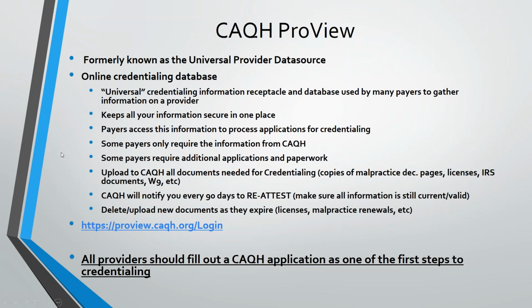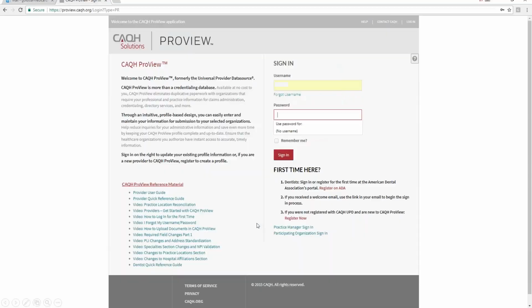Many times we'll take over credentialing for a provider and we find out that yes, they do have a CAQH profile, but it hasn't been updated in 3 years, and so everything is outdated. There are incorrect addresses in there, and so on and so forth. And it's very, very important to stay current with the CAQH profile.